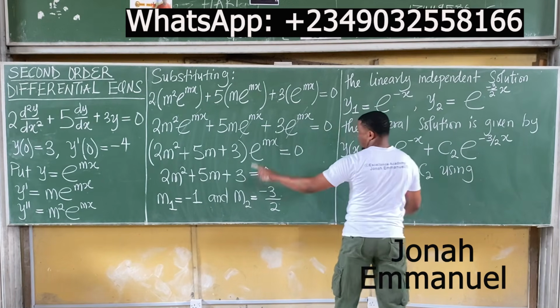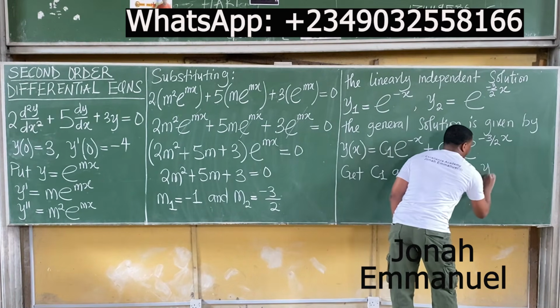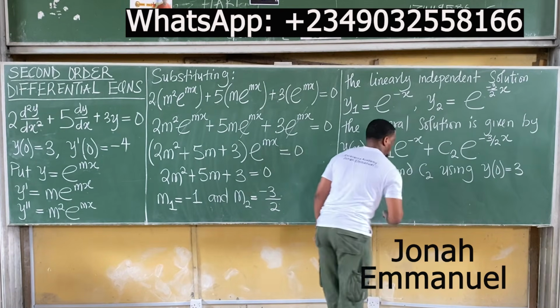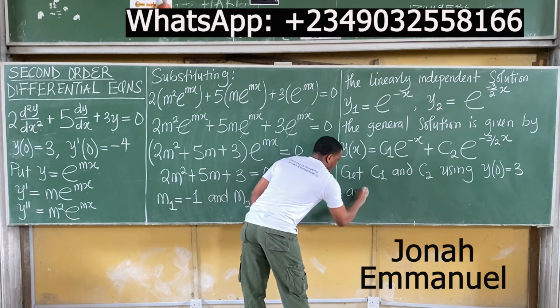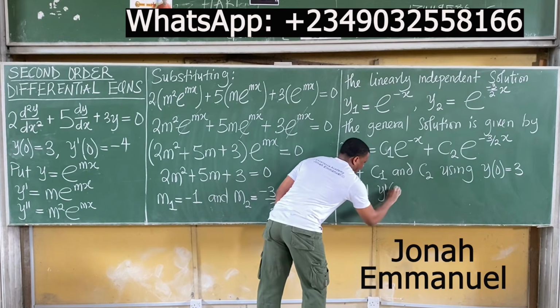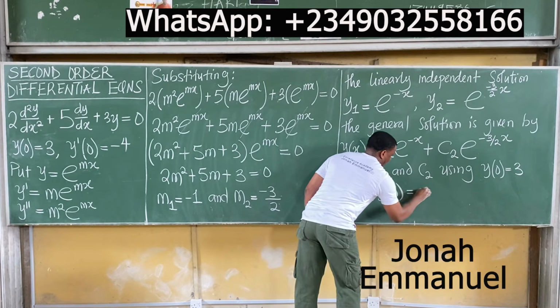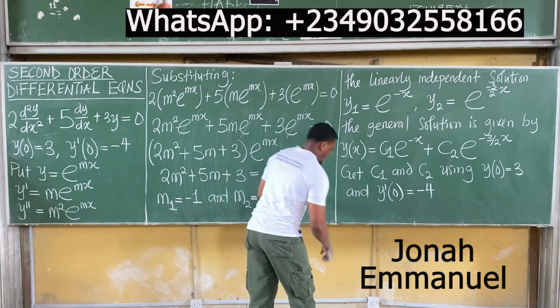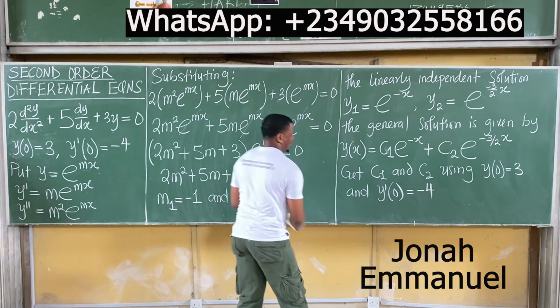What conditions? The first is y of 0 is equal to 3, and y prime of 0 equal to negative 4. All right, so how do you apply them? Please look up.